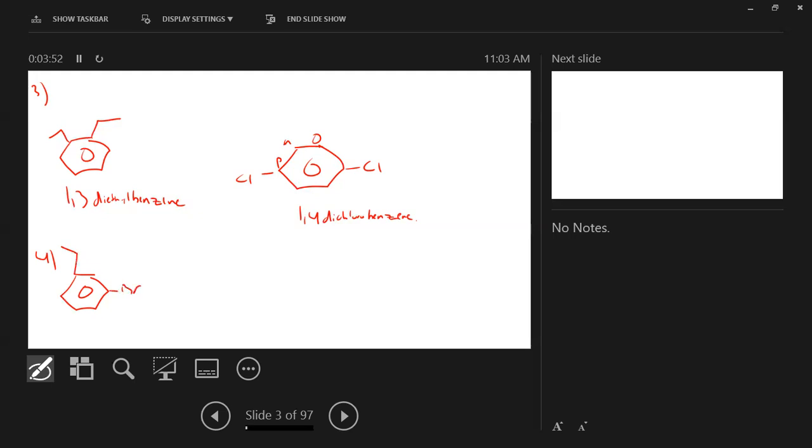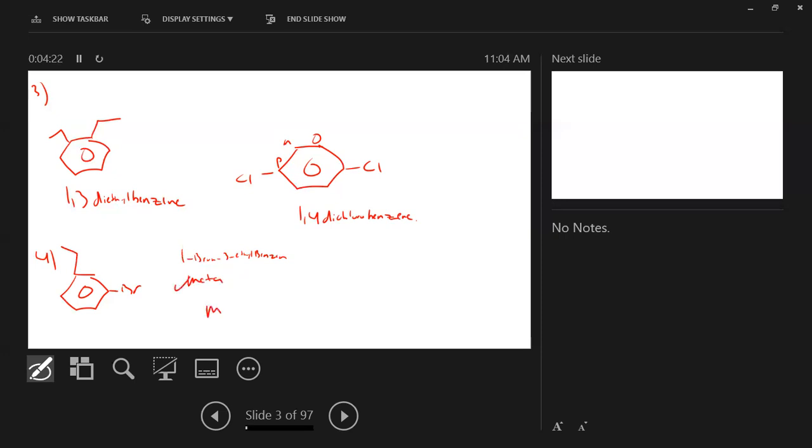4 gives you all the different options. Here it could be 1-bromo-3-ethylbenzene. And then the other 2 options are meta bromoethylbenzene. Just select the ones with meta. Actually, this will be easier. And then M is meta too.